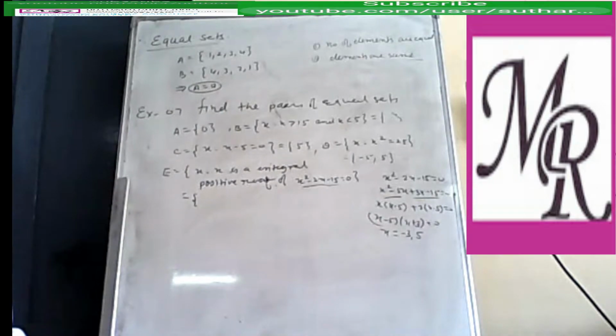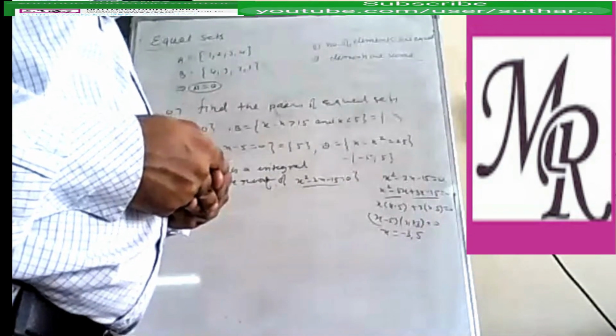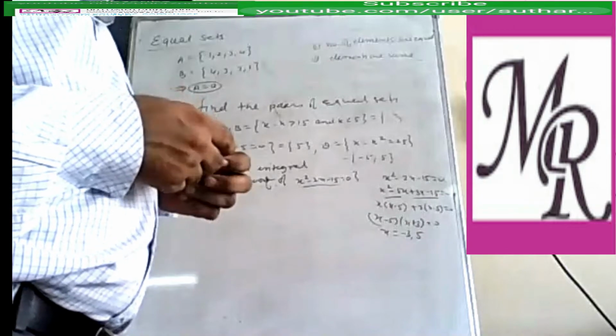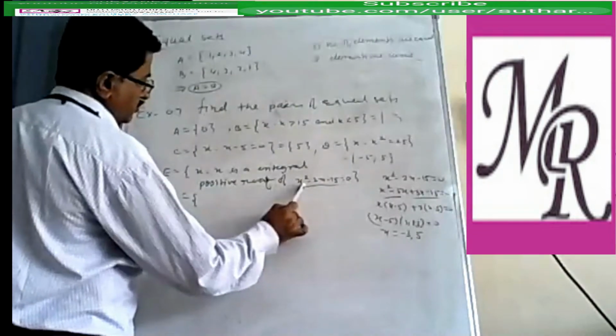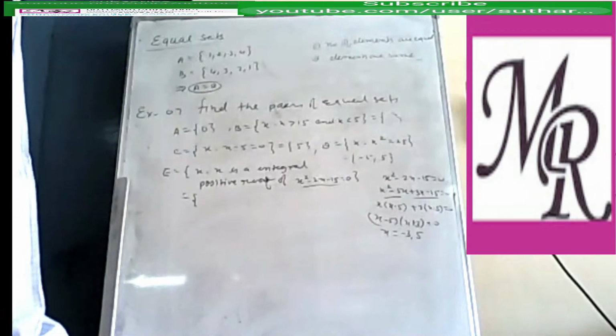The condition says x is an integral positive root, so the element of E will be 5 only.